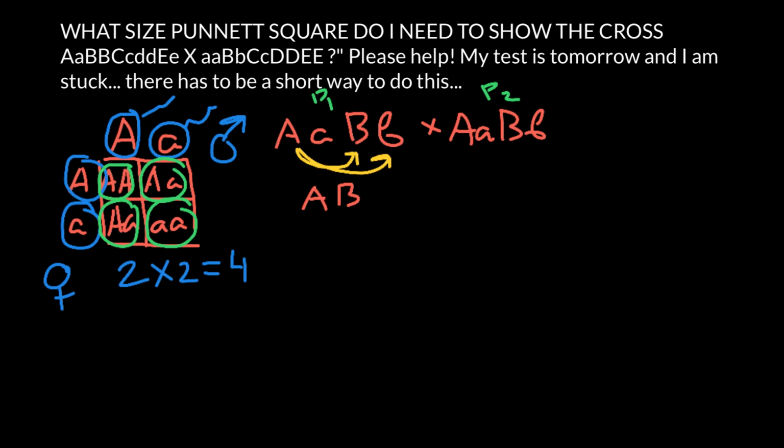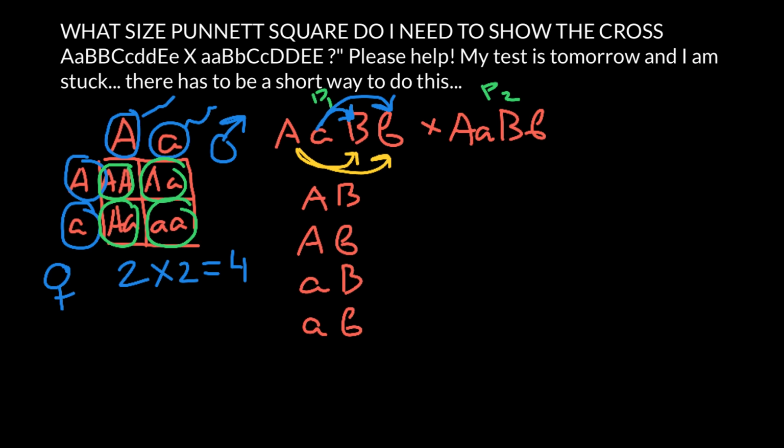Next variant would be small a and capital B. And the last variant would be small a and small b.